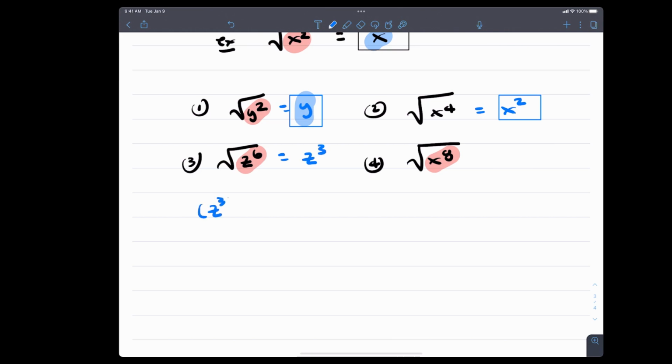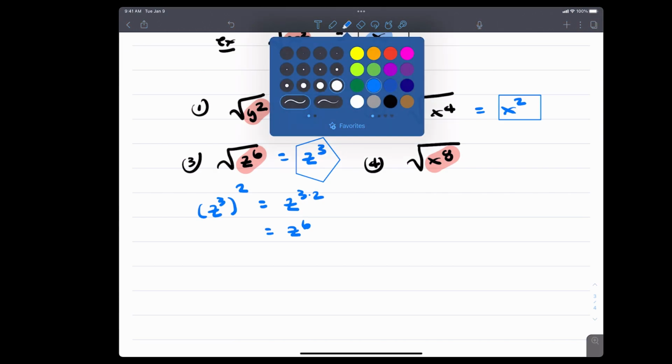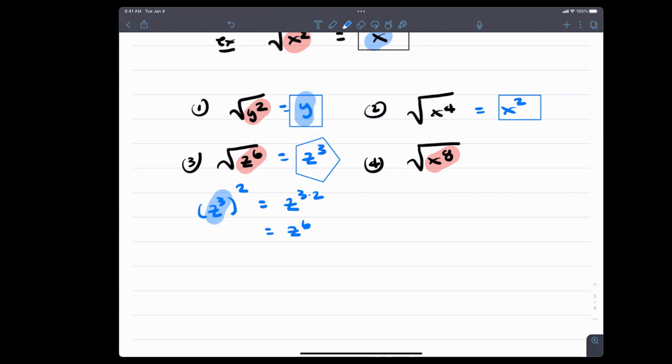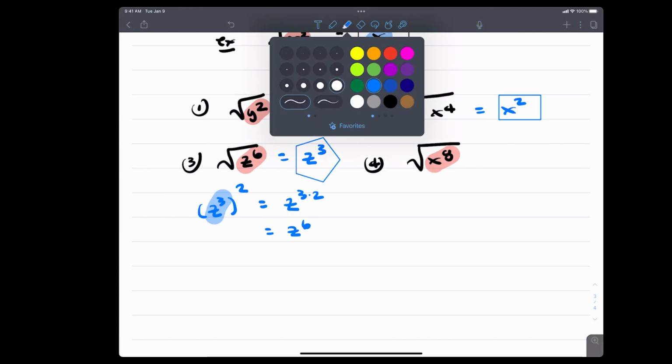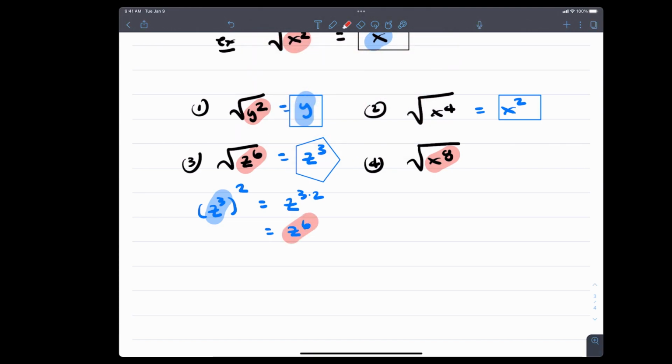If we took z cubed and we squared it, isn't that 3 times 2, which is what? And ladies and gentlemen, sure enough, you are correct. So you might say to me, Mr. Judge, how did you know that? Because we use the definition again, right? I took that term, z to the third, I raised it to the second power, and sure enough, we know it's a perfect what? Square.